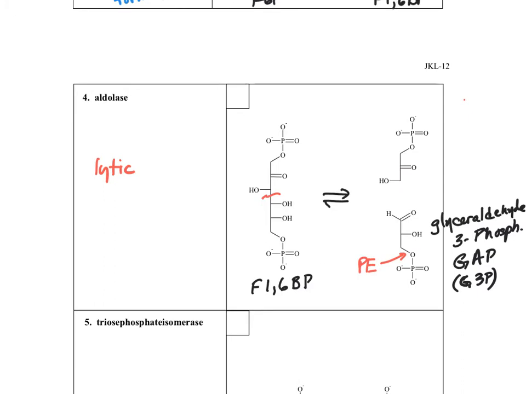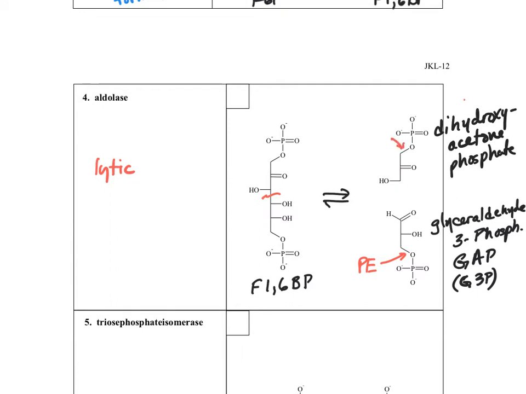So that's a smaller sugar, and the other product is also a sugar, and it is also a phosphorylated sugar. This molecule we call, this one's a long one, dihydroxyacetone phosphate. Here's a little question for you.